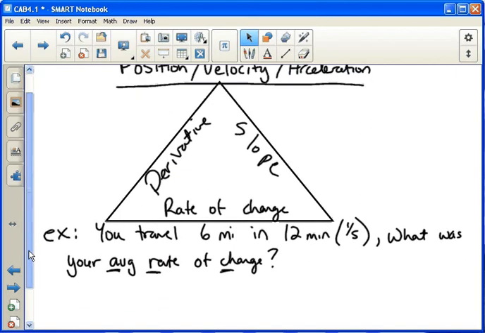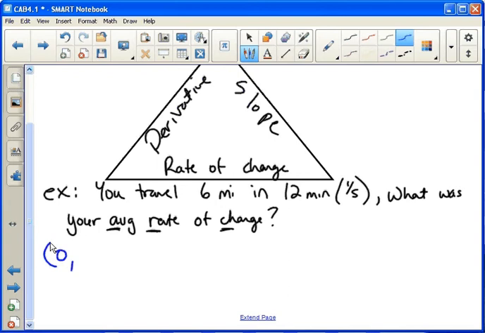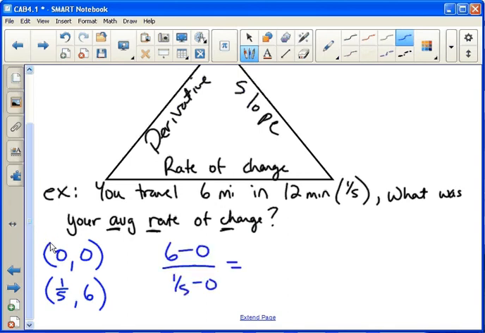Now there's lots of different ways you can approach this, but what I want to show you is that, whether you actually use it or not, you're essentially doing the slope formula with this. Here's what I mean. You're starting at time 0 and you've gone 0 miles. And then 1/5 of an hour later, you have gone 6 miles. If you simply do the slope formula, you get 30 miles an hour.